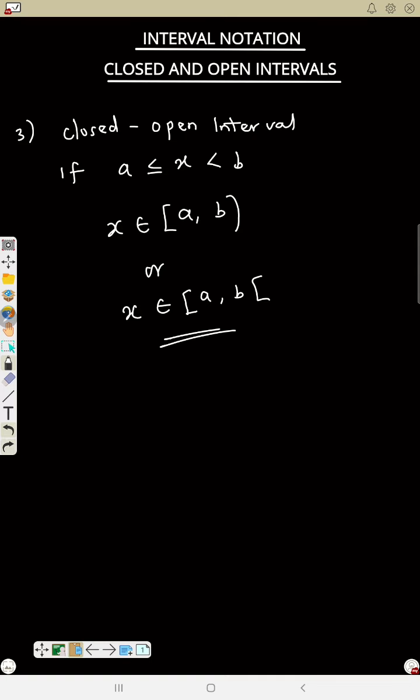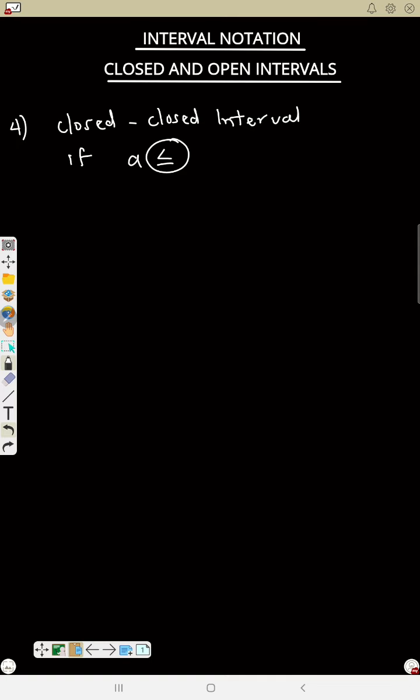Now another one, this one is a closed interval. Number 4, closed interval. Let's say a is less than or equal to s, so it's closed, and s is less than or equal to b, is also closed.